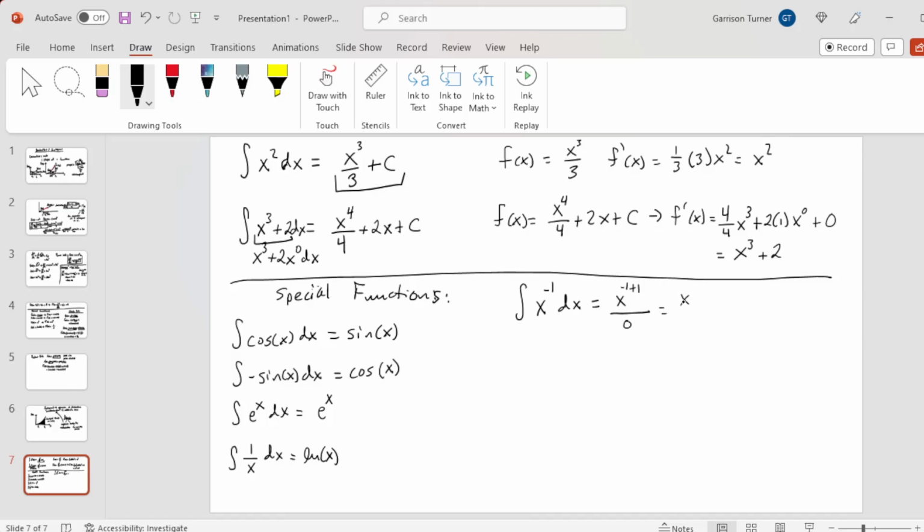So this is x to the 0 over 0, and of course that is a bad result. Dividing by 0 here means that this is not a valid thing to do. So that's why you cannot use the power rule here.